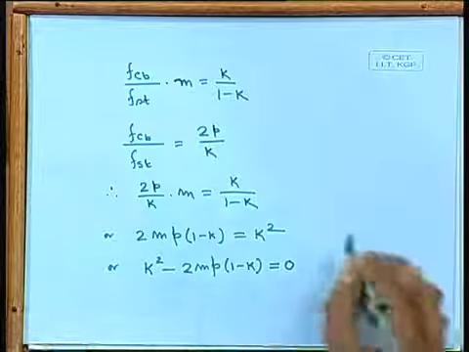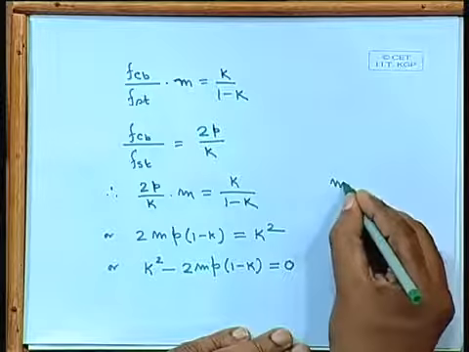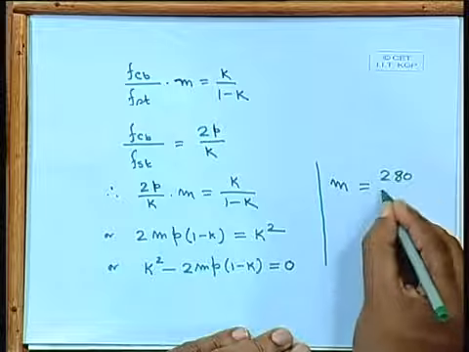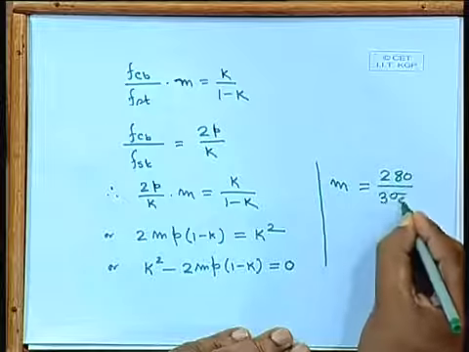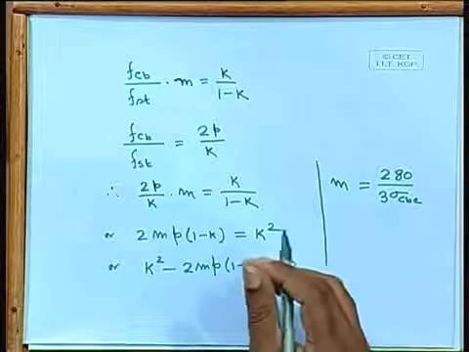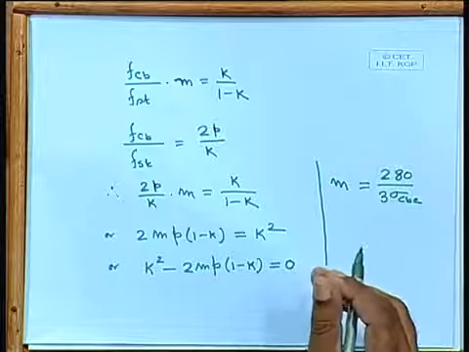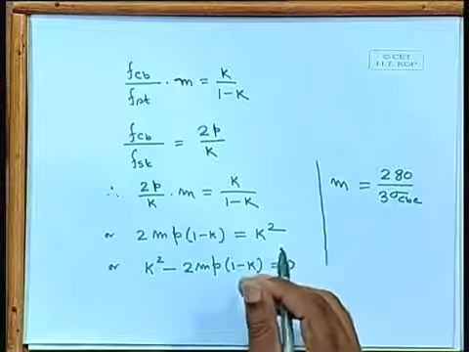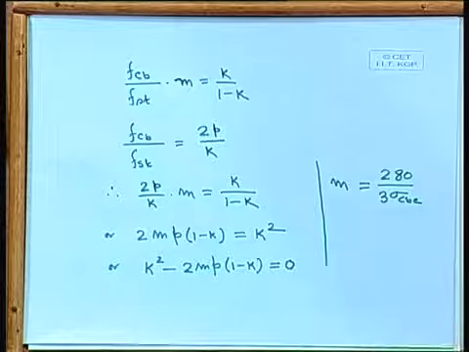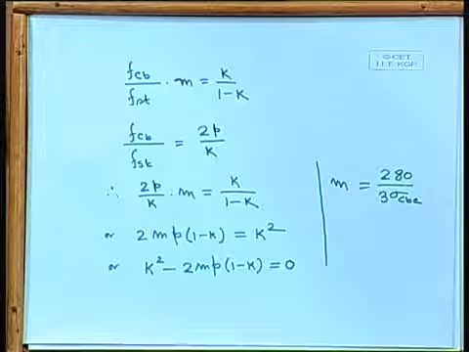We can find out m. So, m equal to 280 by 3 sigma_cbc, getting from the code. We have to choose one particular grade of concrete, maybe M20 grade. For that grade we can find the corresponding sigma_cbc, compressive stress in bending, and from there the modular ratio m.